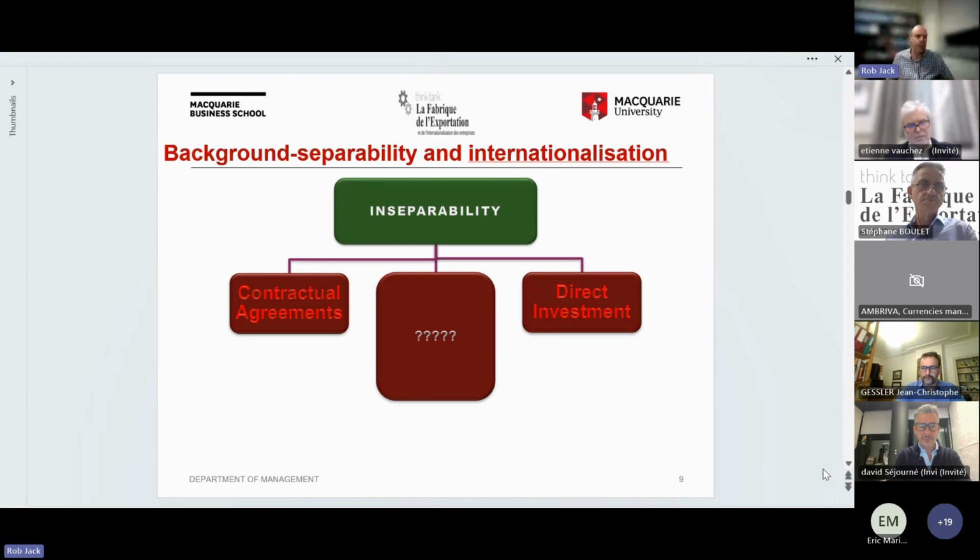Now, this is jumping ahead a bit, but this is looking at how this is being treated in terms of internationalisation. What the literature tells us, and what an enormous amount of research tells us, is that when you have an inseparable product activity, a service activity that requires you to directly interact with your client, it implies that the firm may have to be directly in the market to do that.